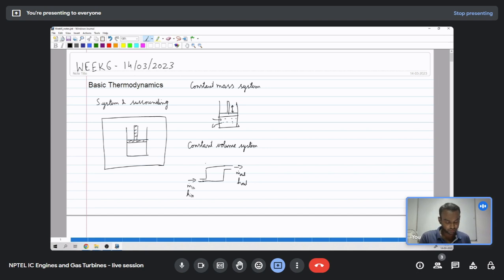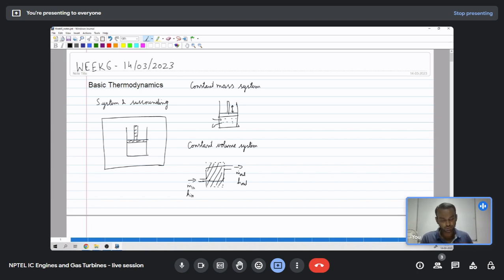But we are not focused on the masses coming in and going out. We are only focused on what happens within the constant volume. So here there can be heat transfer into or out of the system, or work transfer in or out of the system, but we are only interested in what happens within this confined volume.